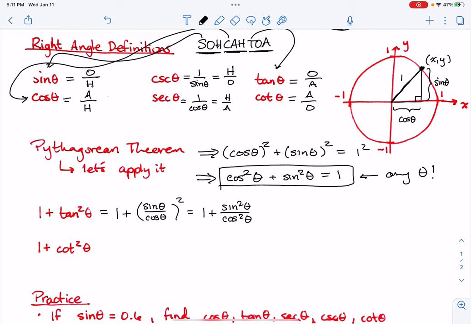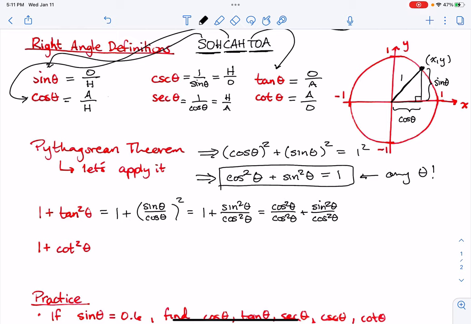Whenever you have a whole number plus a fraction, if you want to combine those two, you have to get them over the same denominator. So we could turn that 1 into cosine squared theta over cosine squared theta, plus sine squared theta over cosine squared theta.